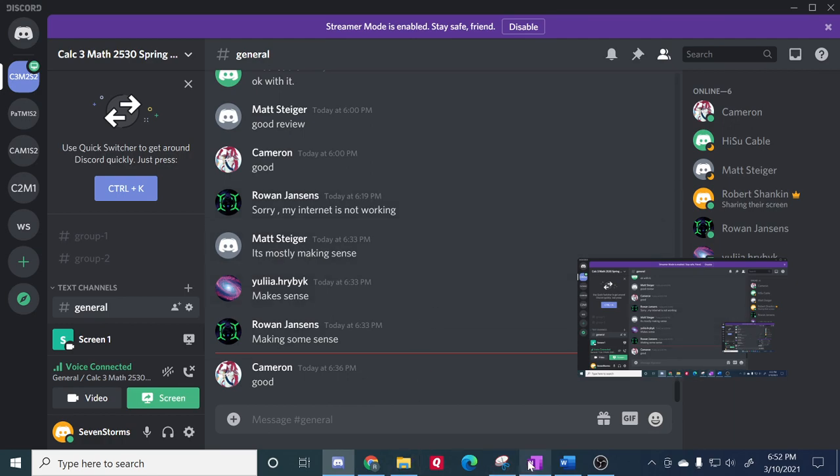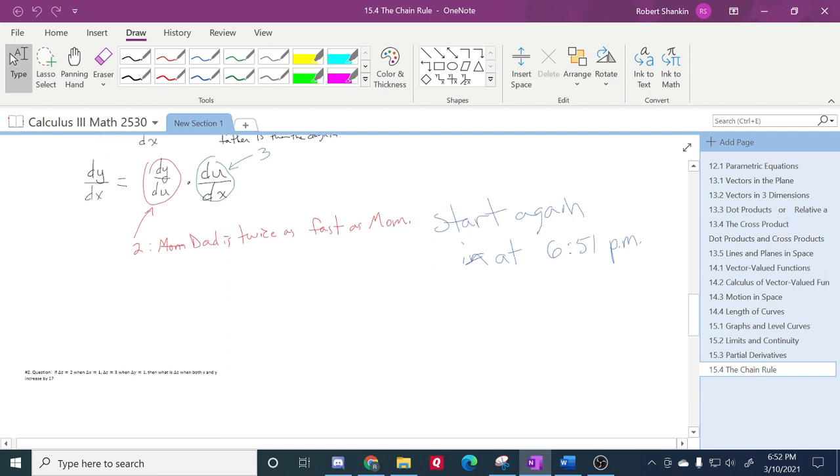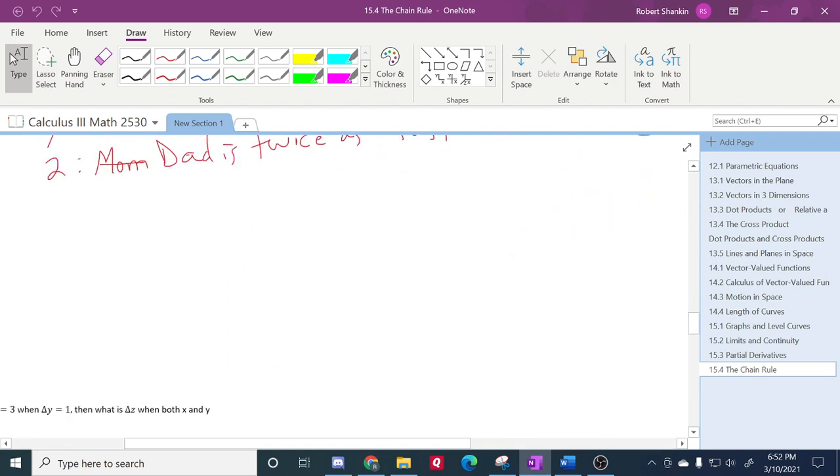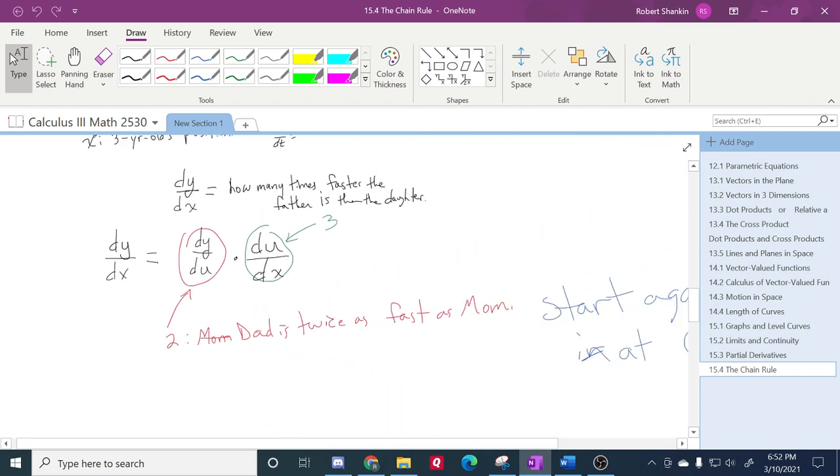Okay, we'll get started again here. All right, one of the questions that would have bothered me is, if Dad is twice as fast as Mom, and Mom is 3 times as fast as the 3-year-old, then how do I know that I'm multiplying these two numbers?